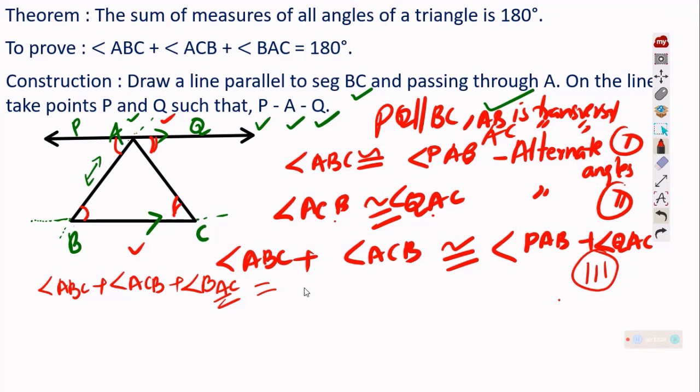It is equal to angle PAB plus angle QAC plus angle BAC. The same weight is put on both sides, BAC added. What does it mean? PAB plus QAC plus BAC.